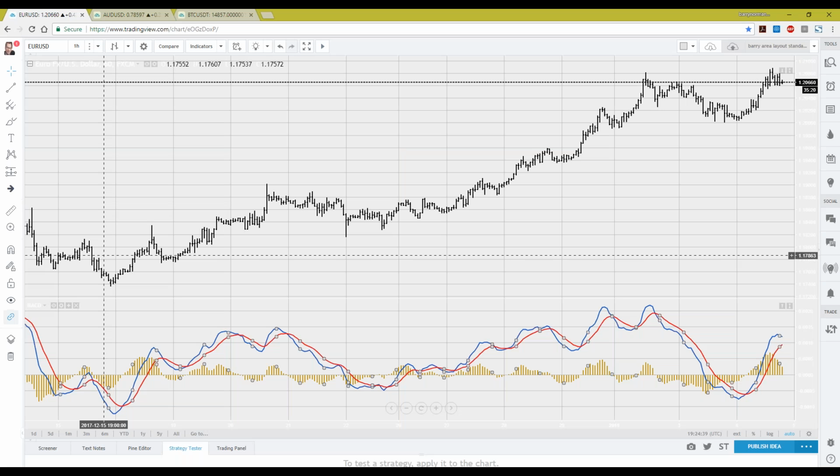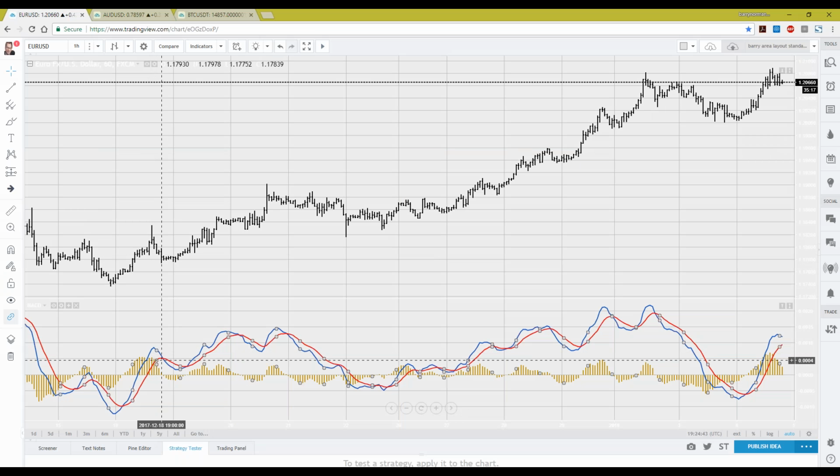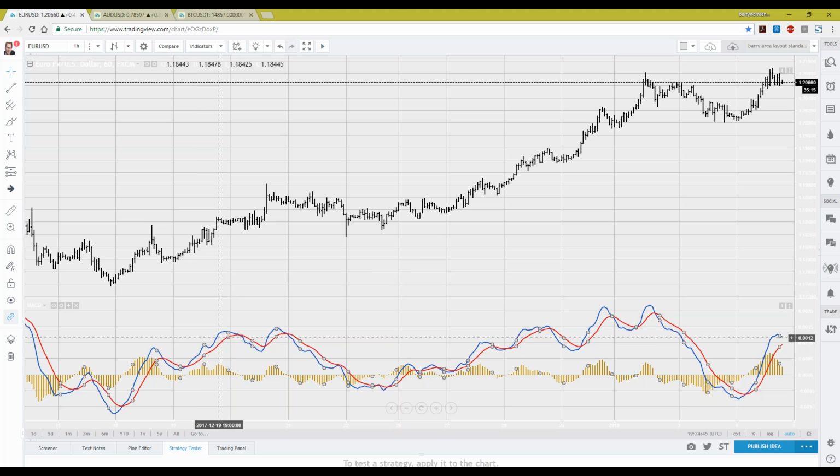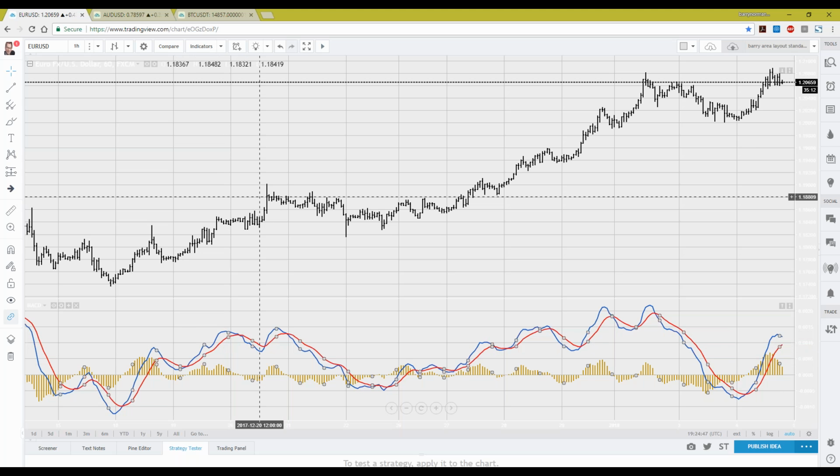So our MACD line, which is the line we put on our chart in blue, tells us the strength of the trend and how it is reacting to the 26 and the 12-day moving average.